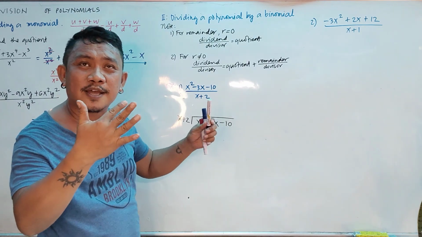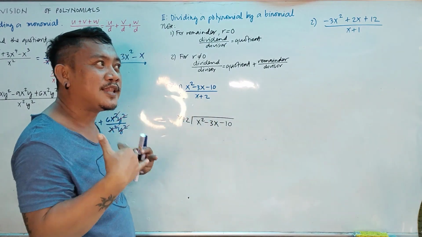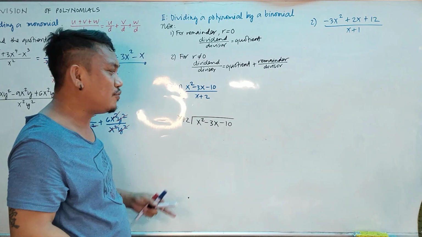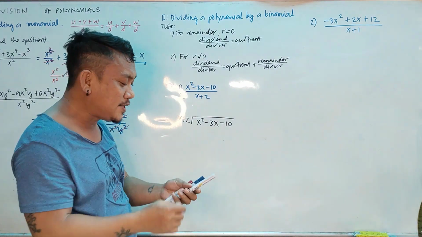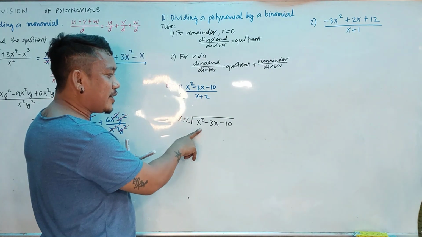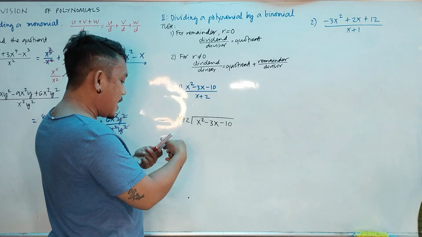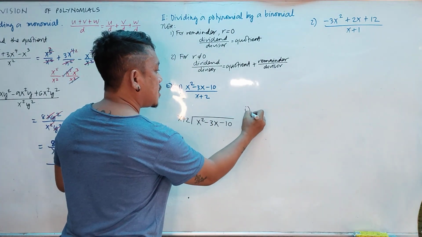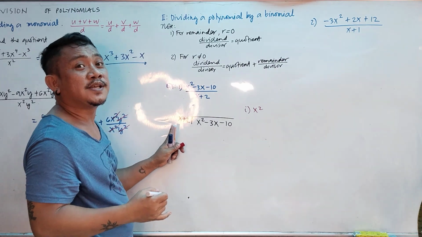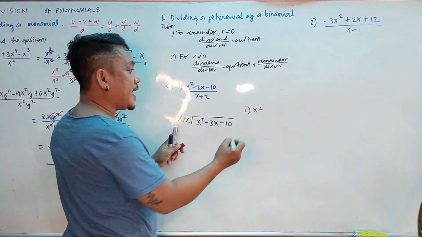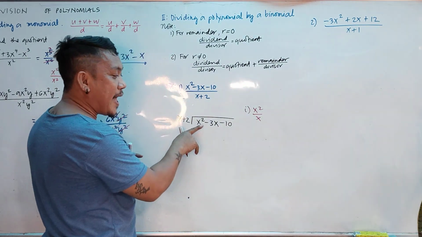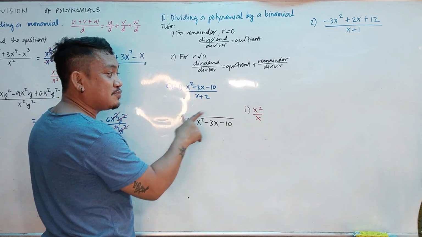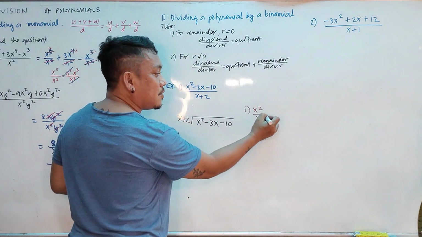Always take note: look at x squared, the first term of the dividend. We divide it by the first term of the divisor, which is x. So x squared divided by x, what is your answer?